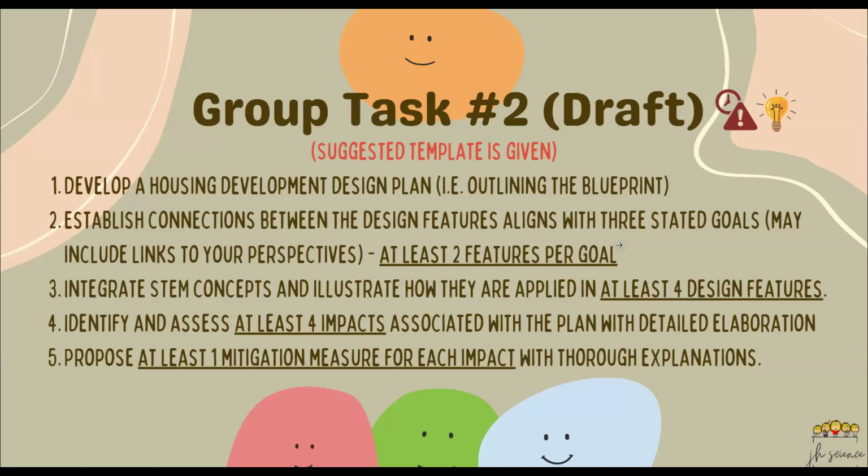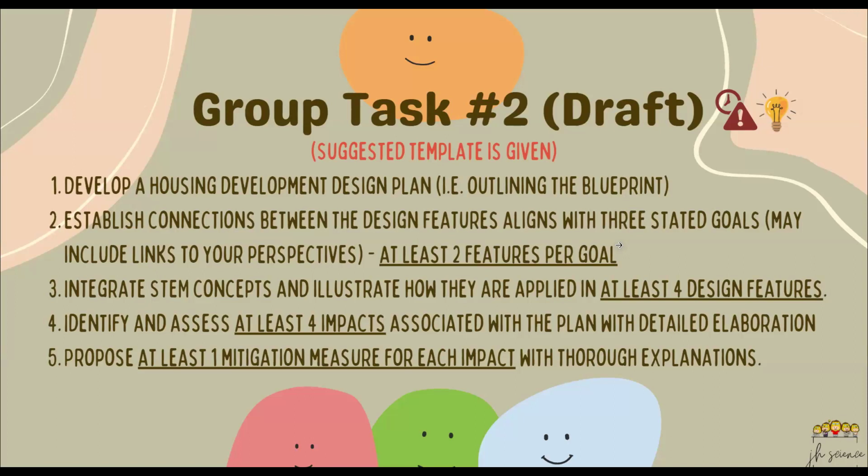Point 4 is related to you recognizing that once you come up with this housing development plan, what are the impacts associated with building it there? Share with us at least four impacts associated with your plan with detailed elaboration.